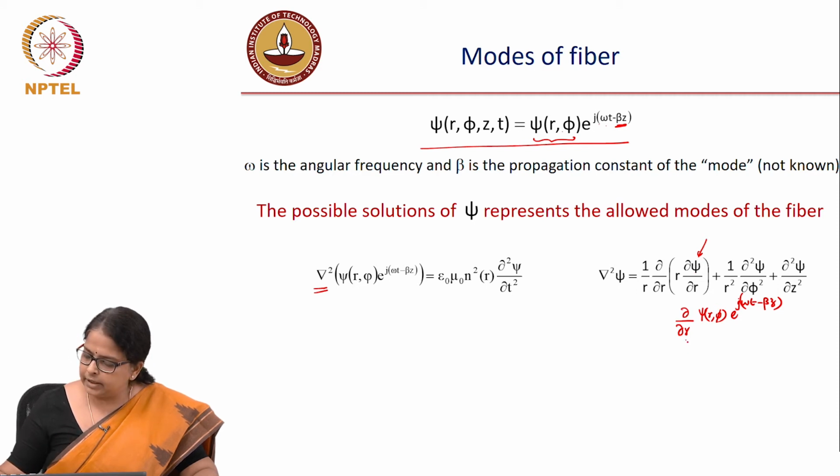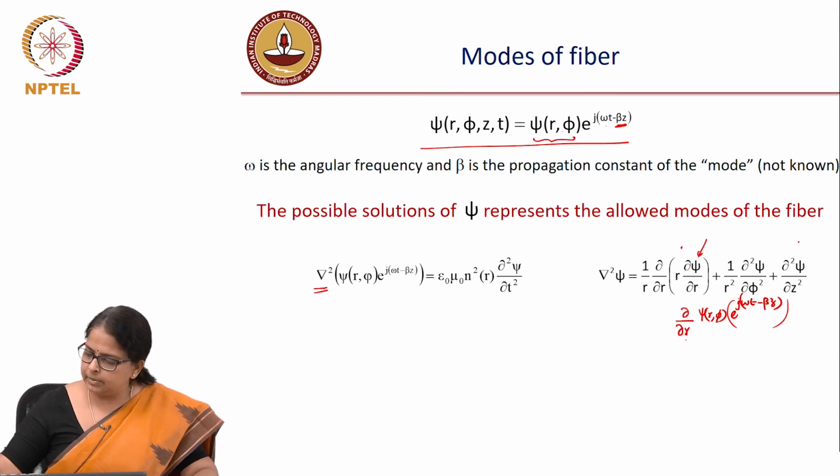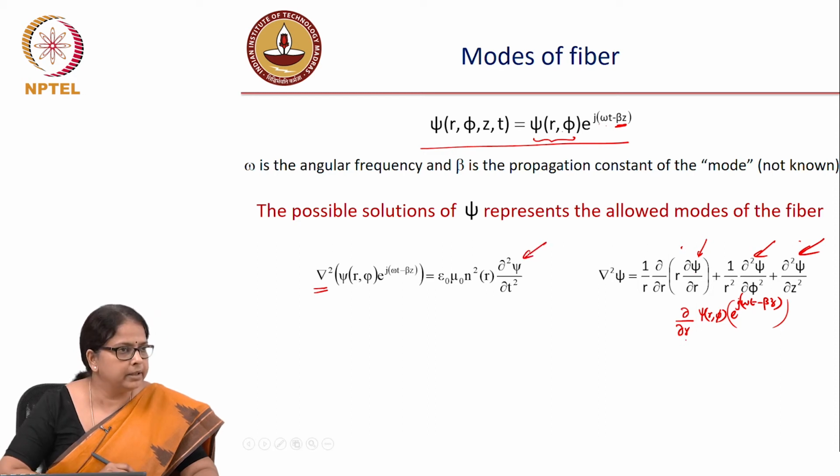Because it is a derivative with respect to r, the e power j omega t minus beta z comes out in this term, this term and this term. But when doing the second derivative in time, I have to do j omega twice, because it is del square by del t square.